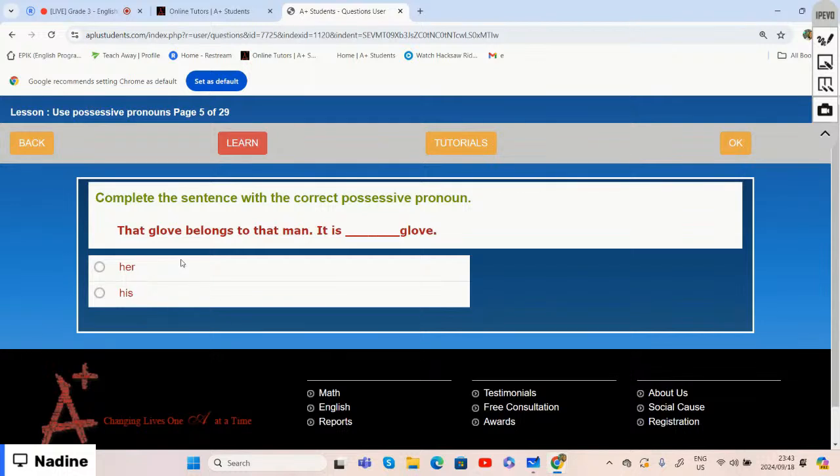That glove belongs to that man. Do we say it is her glove, or do we say it is his glove if it belongs to that man?